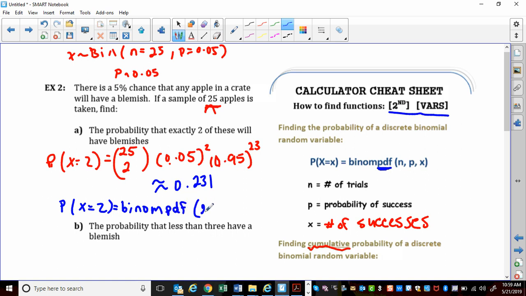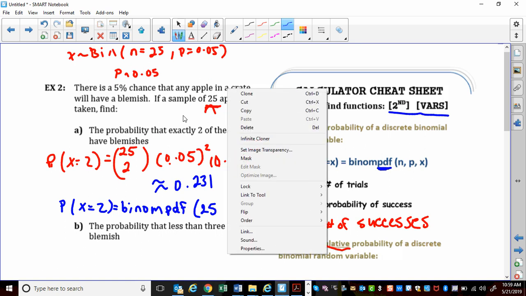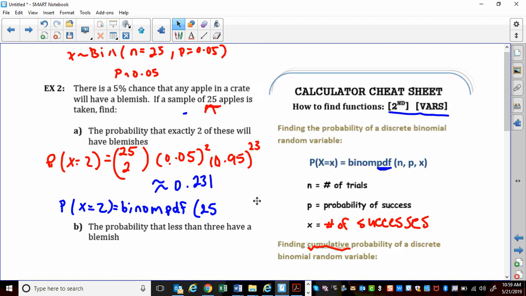You're going to do 25 first. This is your n. This is how many samples we have, or the amount of trials that we're going to take. And comma, or you're going to go to the down arrow. And then you're going to put in the chance that we're going to have a blemish, which is 0.05, comma, and then they want the probability that 2 will have a blemish, so 2.